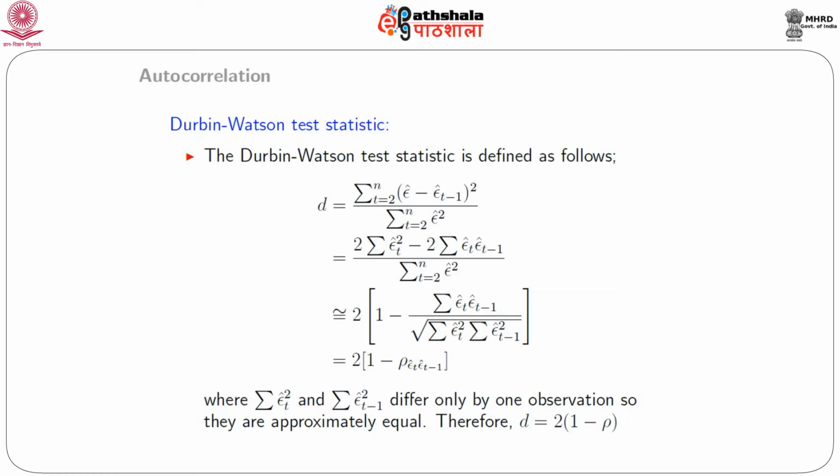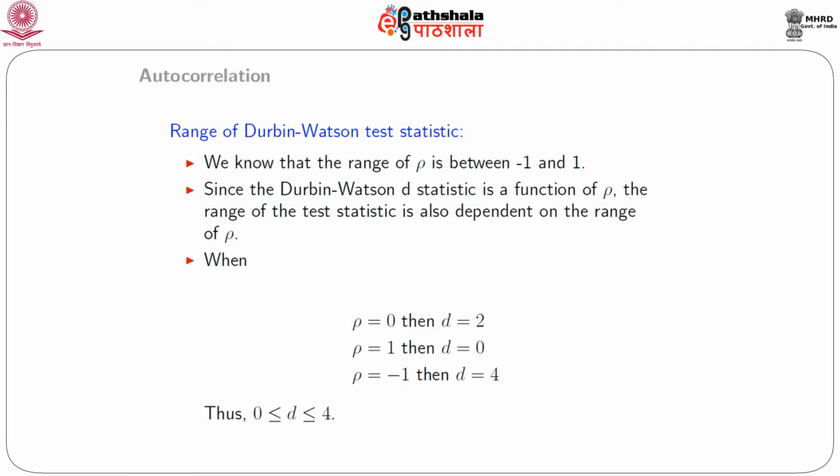Or we can also write 2 times 1 minus summation epsilon hat t times epsilon hat t minus 1 divided by square root of summation epsilon hat t square and summation epsilon hat t minus 1 square, where summation epsilon hat t square and summation epsilon hat t minus 1 square differ only by one observation, and so they can be approximated to be equal to each other. Thus, the final result gives us the form of the Durbin-Watson test statistic as d equals 2 times 1 minus rho.